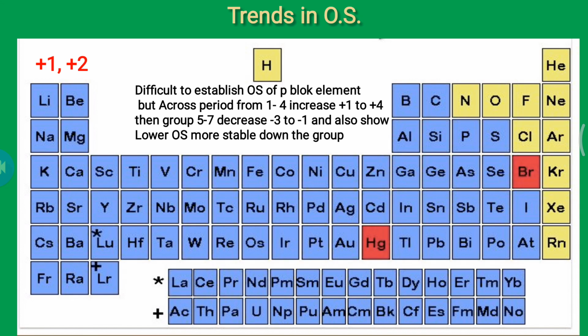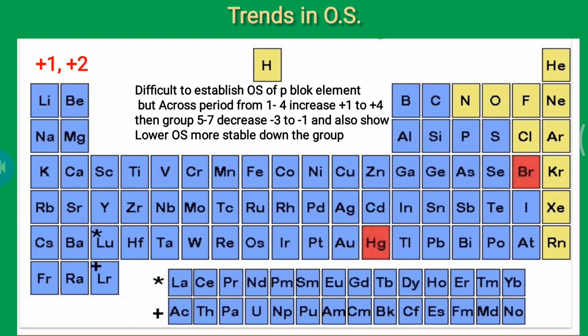So these are the rules of oxidation state for elements in the different periods. Here we discuss trends in oxidation state in the periodic table. On the left-hand side, in the s block, the first group shows +1 oxidation state and the second group shows +2.